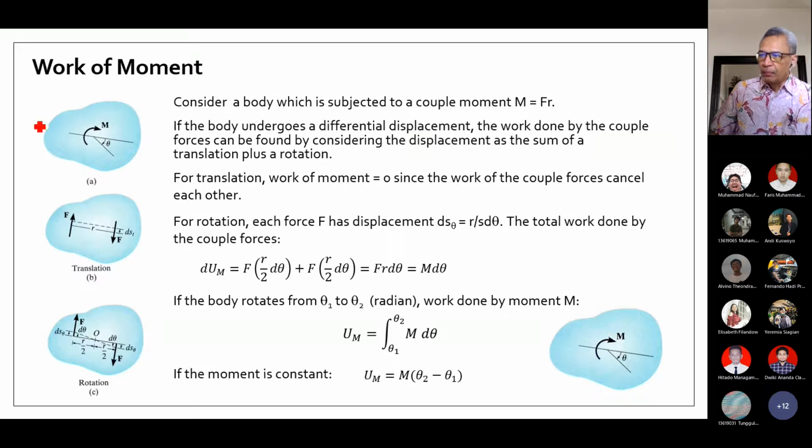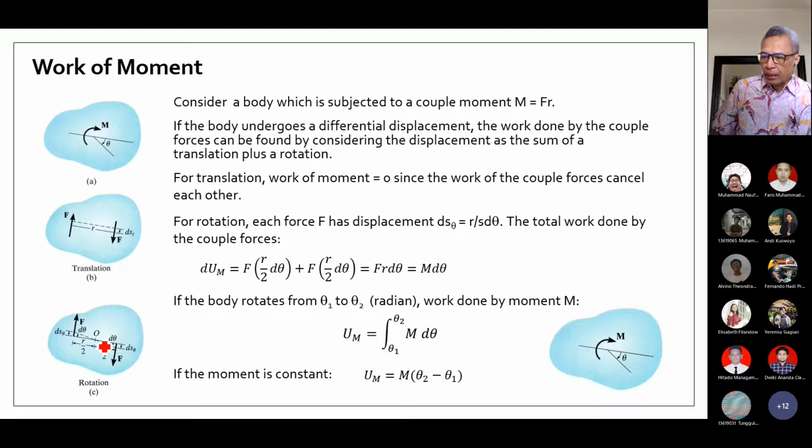We have seen this previously, a pair of forces representing a moment. When the displacement is translation, a similar displacement between this point and this point, then the total work done by these two forces is 0.